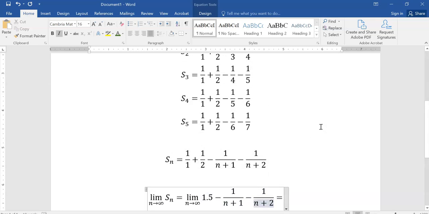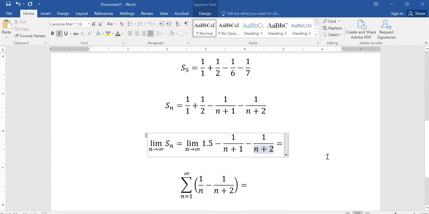Sorry, we're a little bit down there at the bottom. So limit of that whole thing. Don't forget this is the limit of that whole deal. So the limit of 1.5 just comes out to 1.5. If you do the limit of 1 over n plus 1 as n goes to infinity, denominator gets really big, this whole fraction goes to 0.